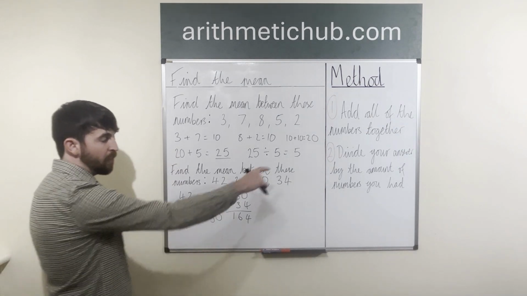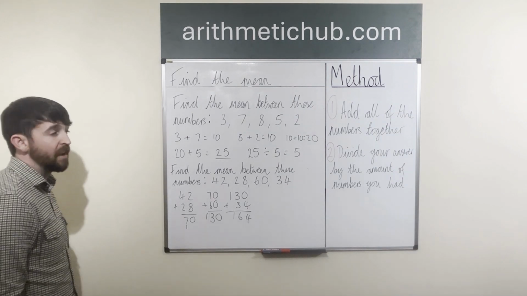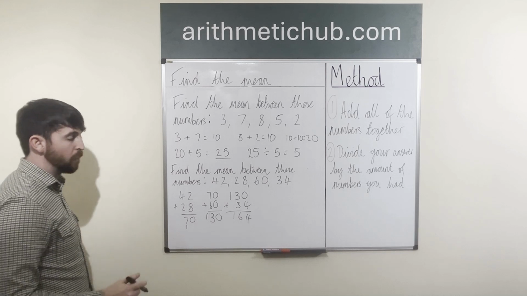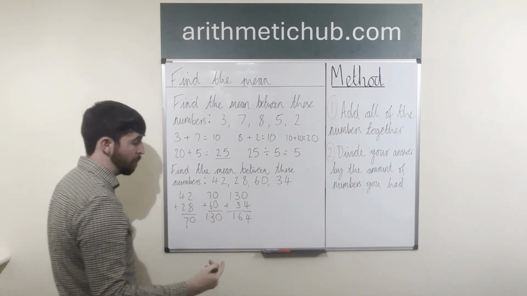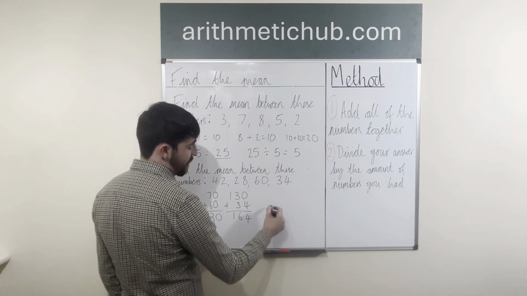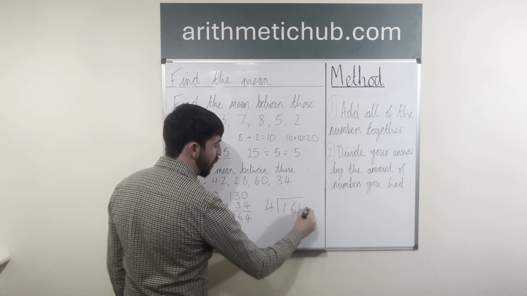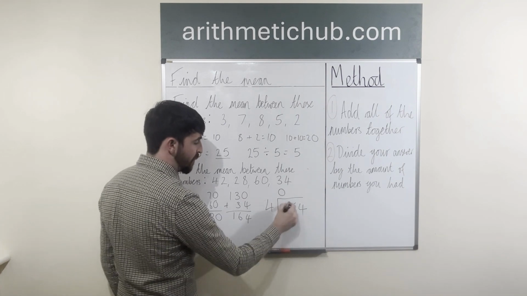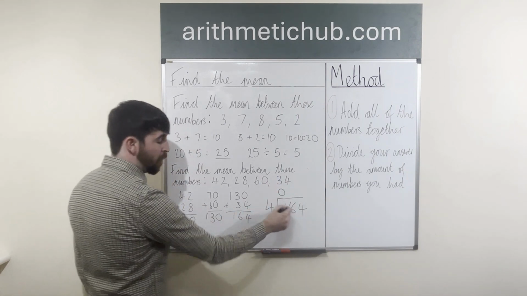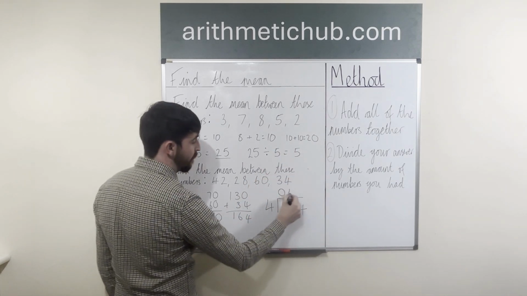And what I'm going to do is I'm going to do the second part of my method now. The second part of my method says divide your answer by the amount of numbers you had. So in the question I had 1, 2, 3, 4 numbers, okay? So I'm going to divide my answer by 4. 164, I'm going to divide by 4. 4 goes into 1, 0 times, carry the 1. 4 goes into 16, 4 times.